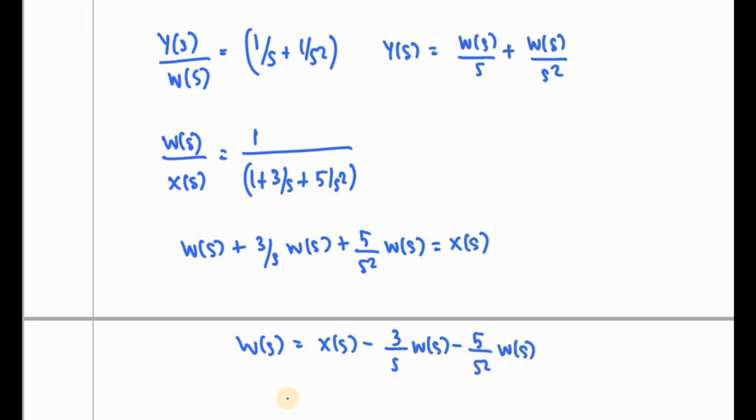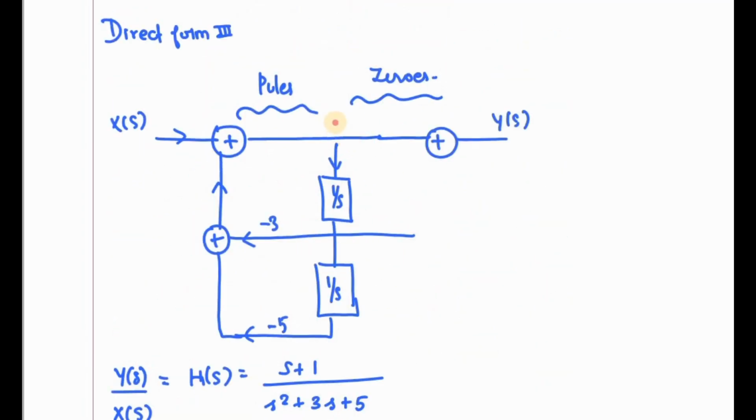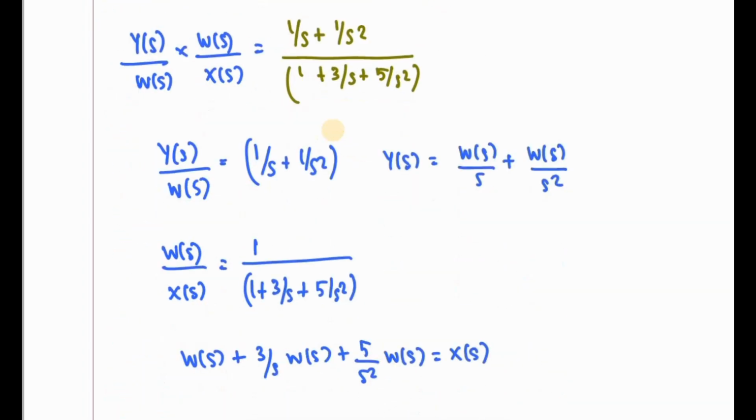So if I take this one as w of s, w of s is equal to x of s minus 3 by s into w of s minus 5 divided by s square into w of s. So I got the equation correct.